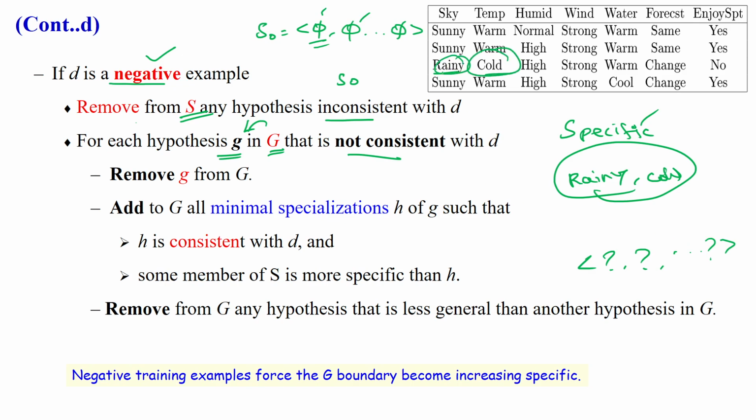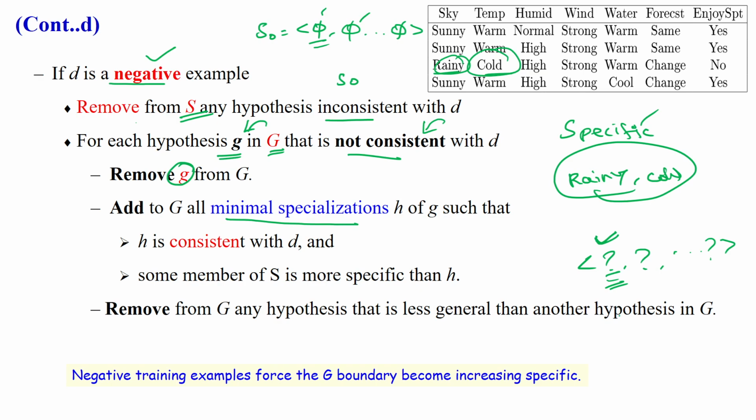Now if it is rainy, it is accepting. It is accepting, so we have to check whether it is consistent or not consistent. Now it is not consistent, so then we have to replace it by the value. After replacing every constraint from the generalized hypothesis by adding the minimal specialization, you see this is more generalized in the constraints.